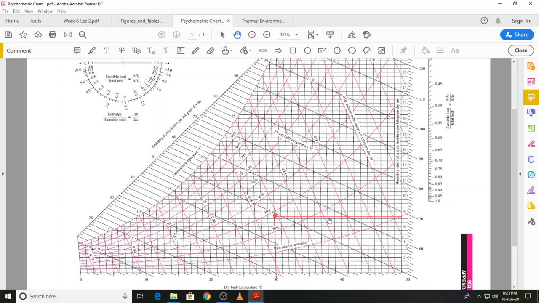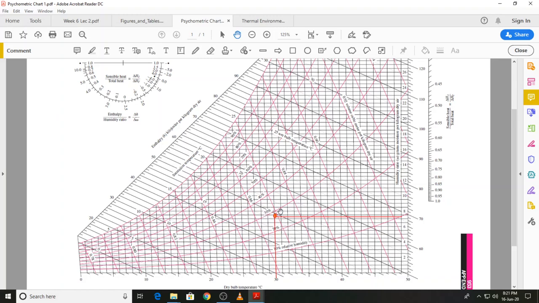And you can now see that the state point is identified over here, and we just need to read the relative humidity from the psychrometric chart. You can see the 20% relative humidity line over here.